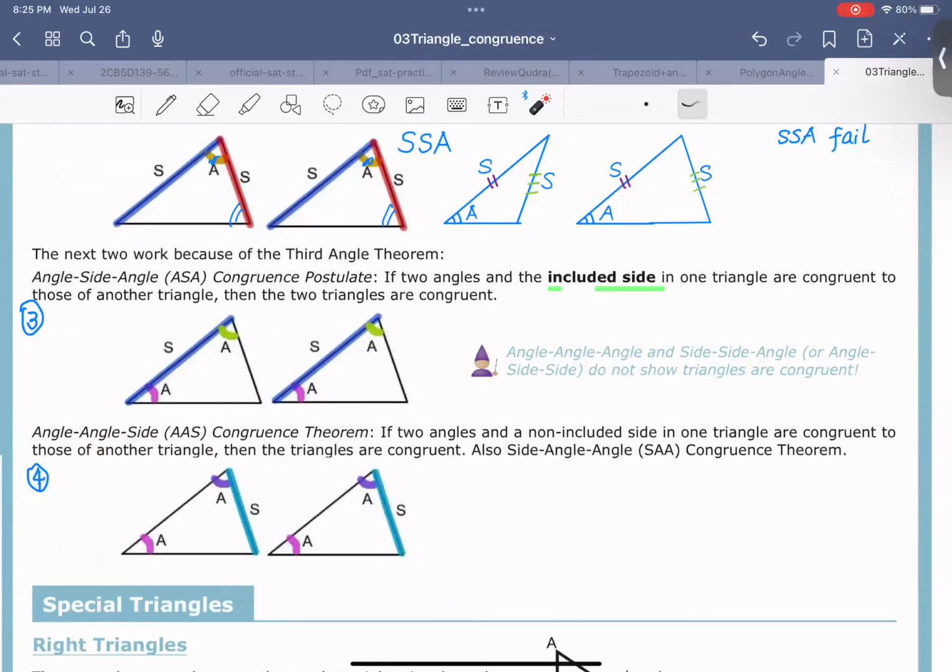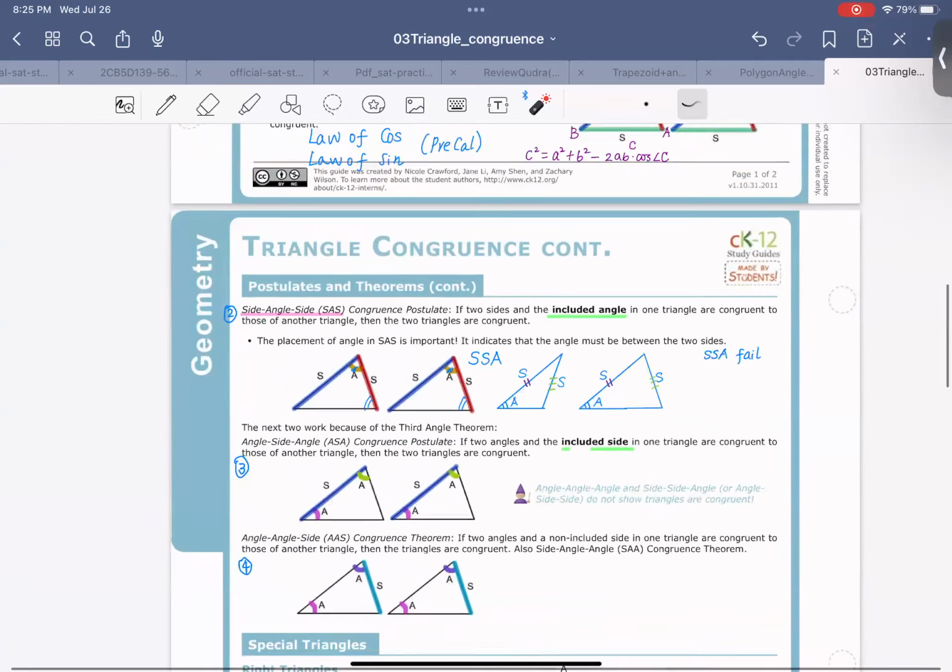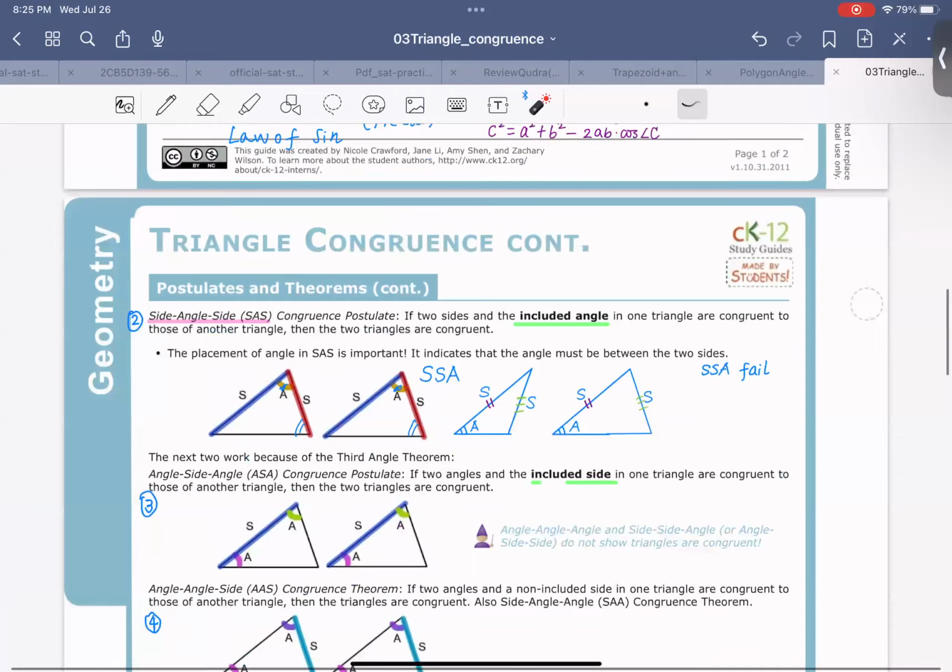You have this pink angle congruent. Then you don't know if these two are congruent. But you know these two purple angles are congruent. And last, you have this side congruent. So you call it AAS. Okay? This congruent, and this congruent. This is called AAS.